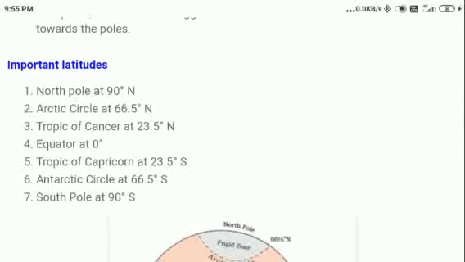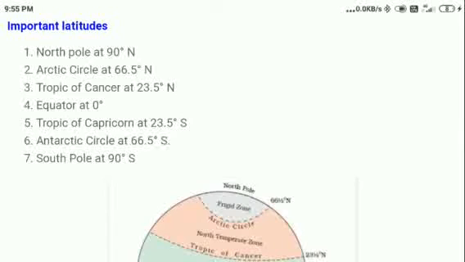Latitudes are measured in terms of degrees. At the equator we take the reference value as 0 degree, and when we move towards the north side the latitude value increases in terms of angle, and we put N to show that we are moving towards the northern hemisphere.